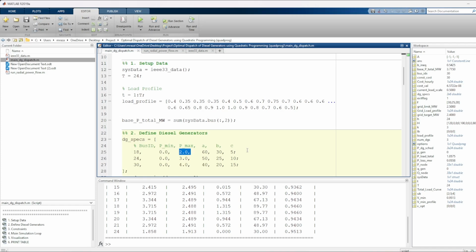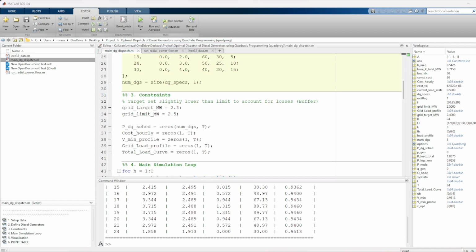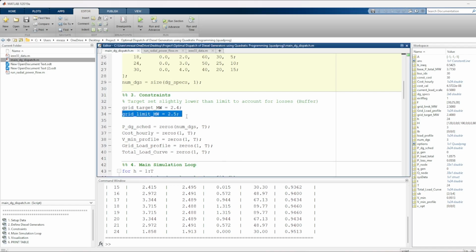There is a proper formulation for that, and based on that we have set these parameters. And next we are considering the constraint parts. So if I show you here, the grid limit we have set to 2.5, you may change that factor if you want.